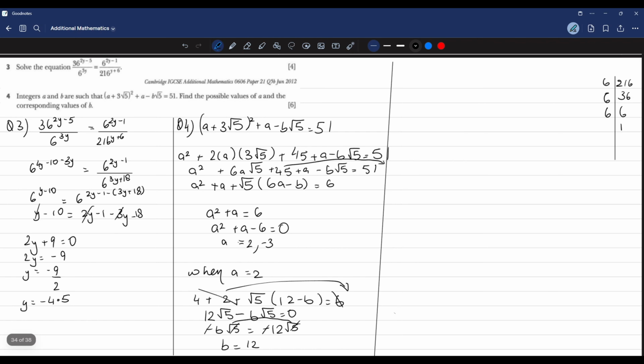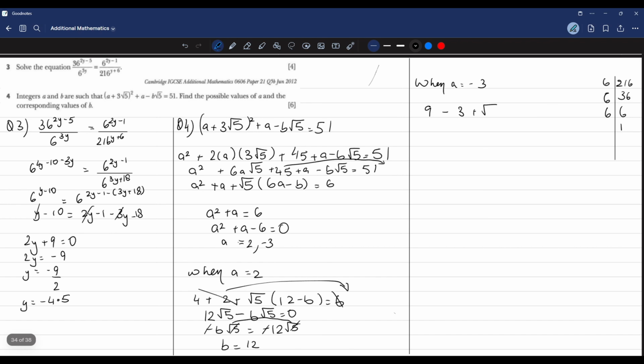Now for the other part, when a is equal to negative 3, what would be the corresponding value of b? We have negative 3 squared is positive 9, plus minus 3 plus under root 5, plus under root 5 multiplied by 6 multiplied by negative 3 is going to be negative 18 minus b equals 6.